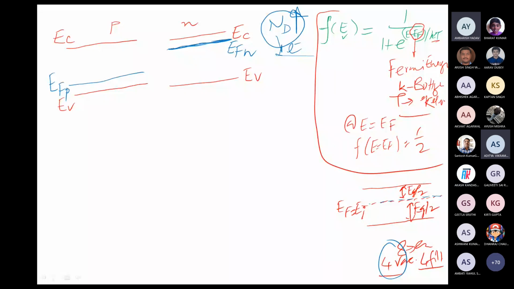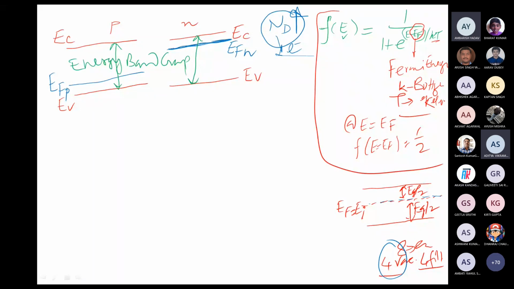One thing must be clear to all: this region is nothing but the energy band gap, or forbidden energy. So none of the electrons are going to occupy any of the energy states in this gap in silicon or germanium semiconductors.